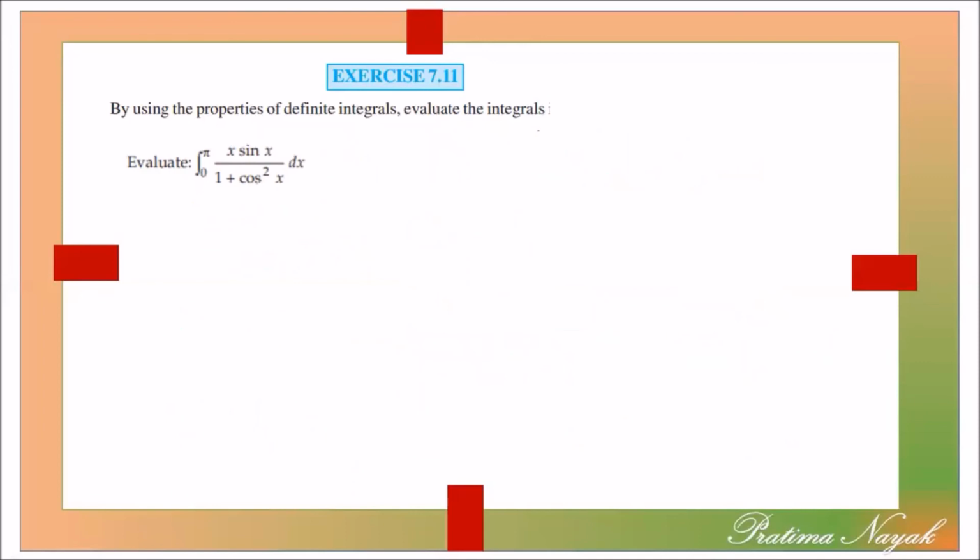Next, by using the property of definite integral, evaluate the integral. So I have taken a different sum. This is a board question. So apply the property. What you will get? You will get integral 0 to pi of (pi minus x) into sin(pi minus x), and here you will get 1 plus cos square(pi minus x).